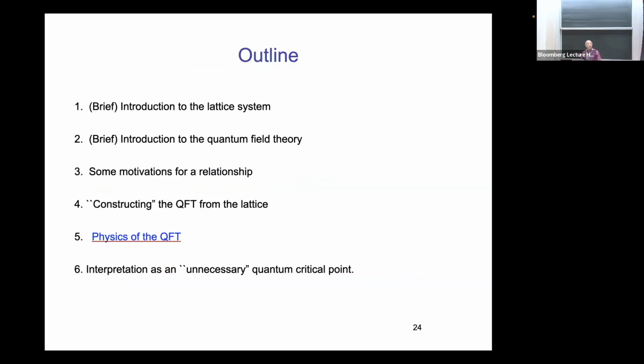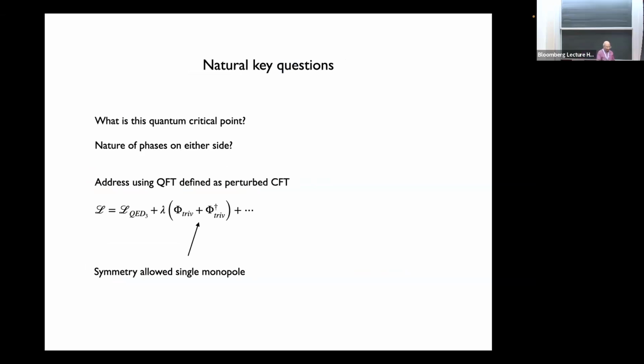Okay, so now let me describe the physics of this quantum field theory. It's a perturbed conformal field theory, where I perturb it by adding this allowed singlet monopole. So the natural key questions are: what is this quantum critical point? If it's a quantum critical point, fine, I tune one parameter. What happens on either side of it?